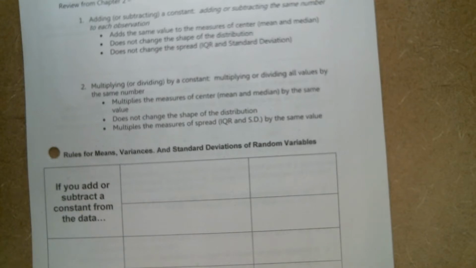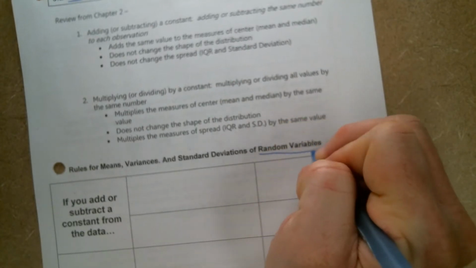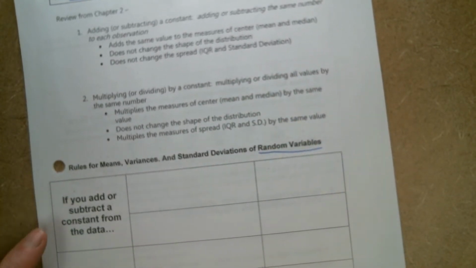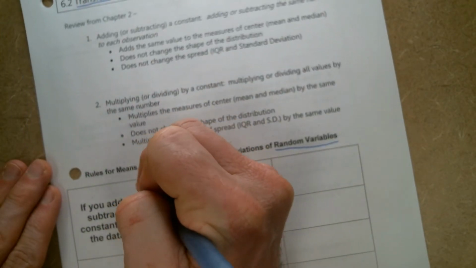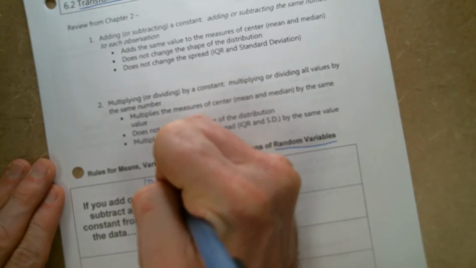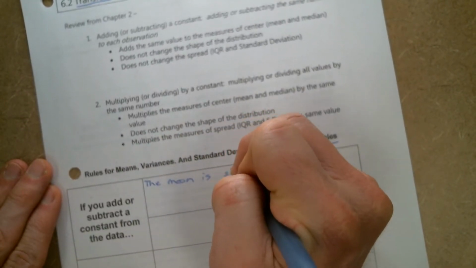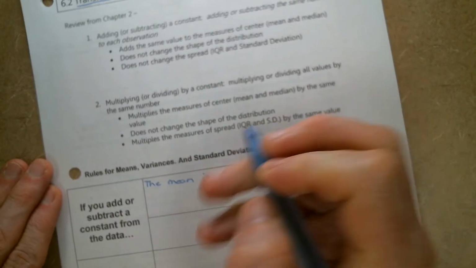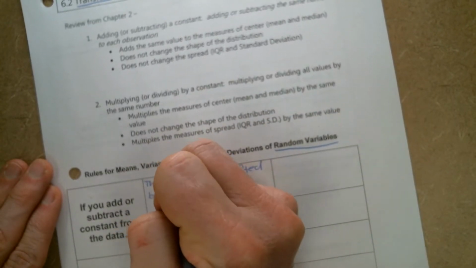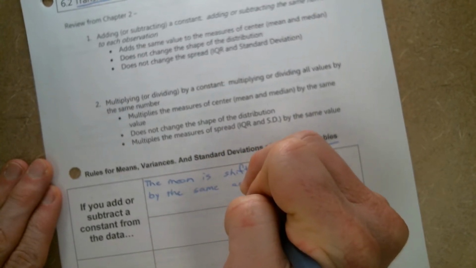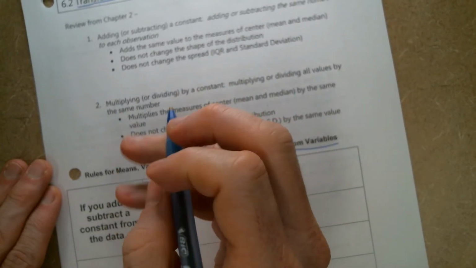All right, so we're going to apply these same rules to random variables. So if you add or subtract a constant from the data, the mean is shifted by the same amount in the same direction.